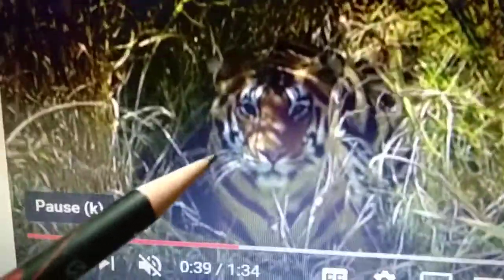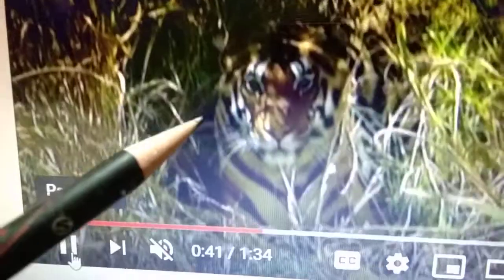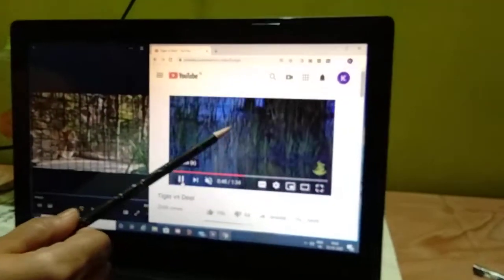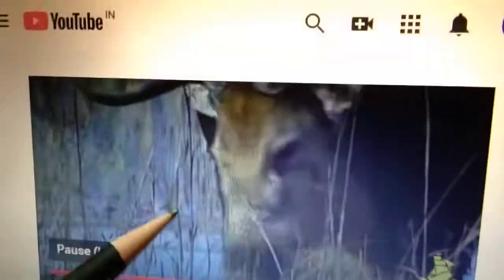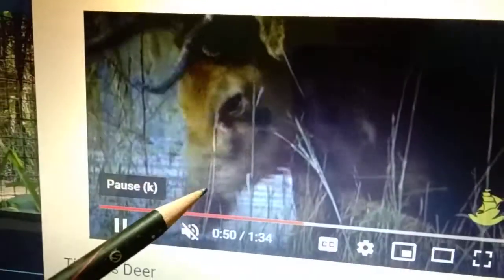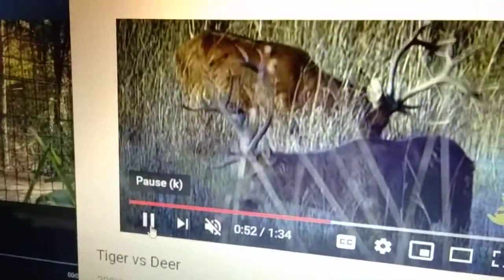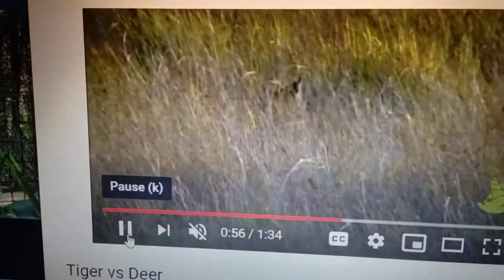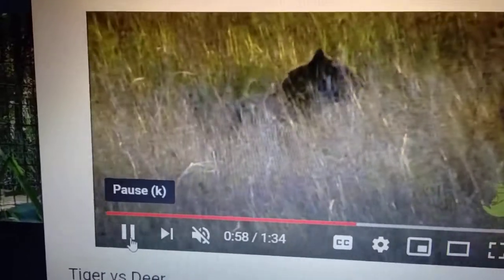You can see the tiger's face. He is waiting for his prey. And in this water, see the shadow of the plump deer. The wild deer are eating the grass and drinking water. And the tiger has a keen watch on those animals.